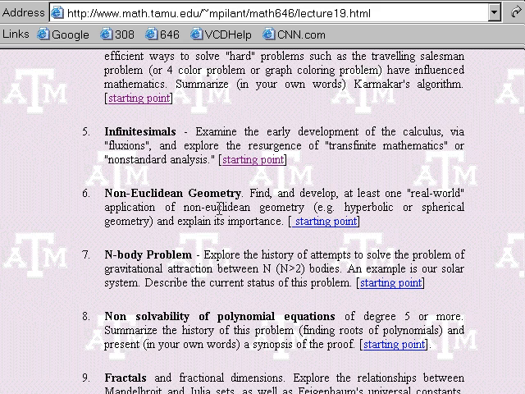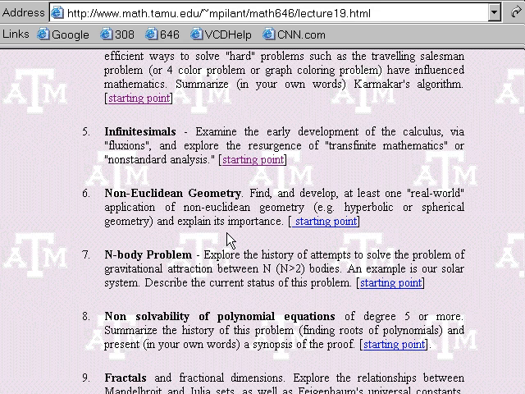Another, in a sequence of links here, number 6 is non-Euclidean geometry for some of those who have more geometrical interests. So the project here is to find and develop at least one real-world application of non-Euclidean geometry. And I've seen in my travels on the web applications of hyperbolic geometry to database mining and graphical analysis of data and things like this, sort of defining the distance metrics in terms of closeness of data.